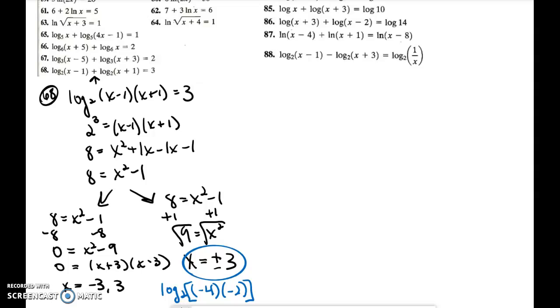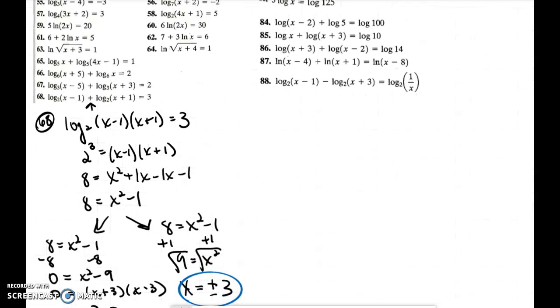For our last one, we already did something similar to 88 with that example. So let's take a look at number 84 instead. And then this will finish up 4.4. So 84, this is a common log because I don't see any other base listed there.